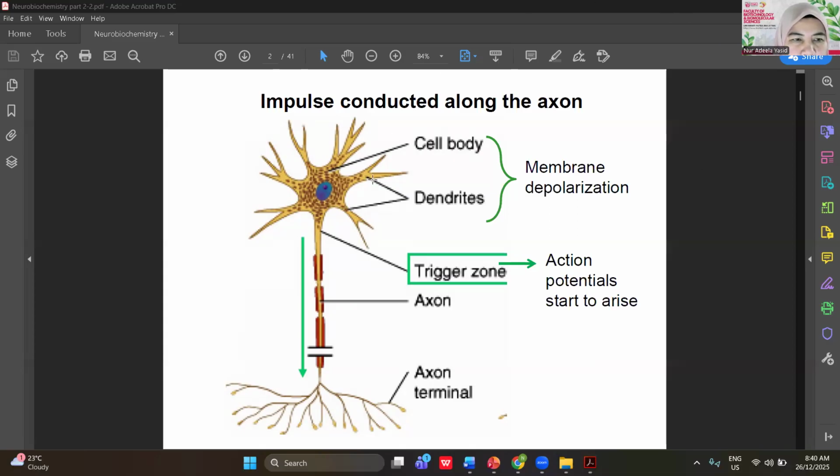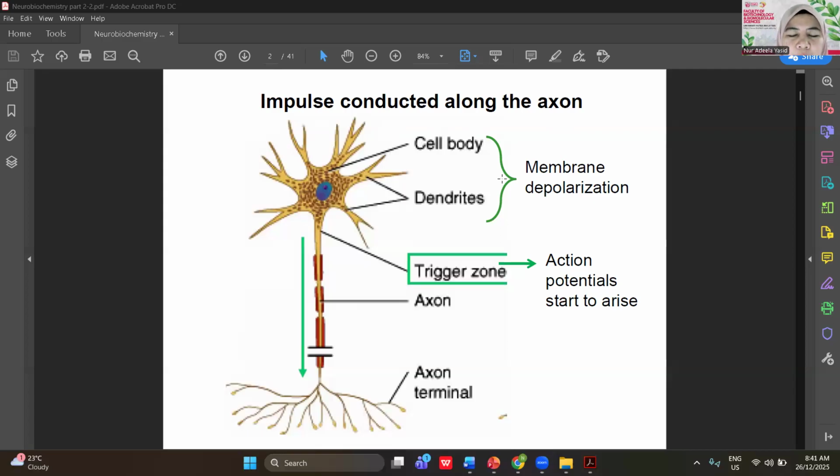So we can see the structure of the nerve body, which has the cell body, what we call the soma, and dendrites. The function of dendrites, as we know, is to receive the incoming signals, which are neurotransmitters from other neurons or sensory stimuli, and these signals cause membrane depolarization.